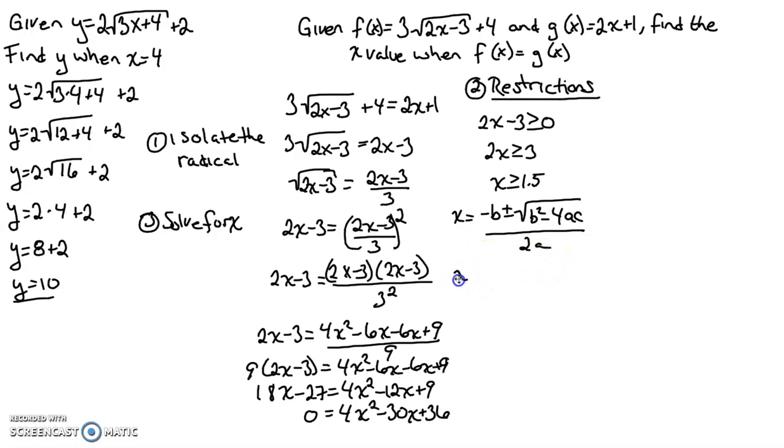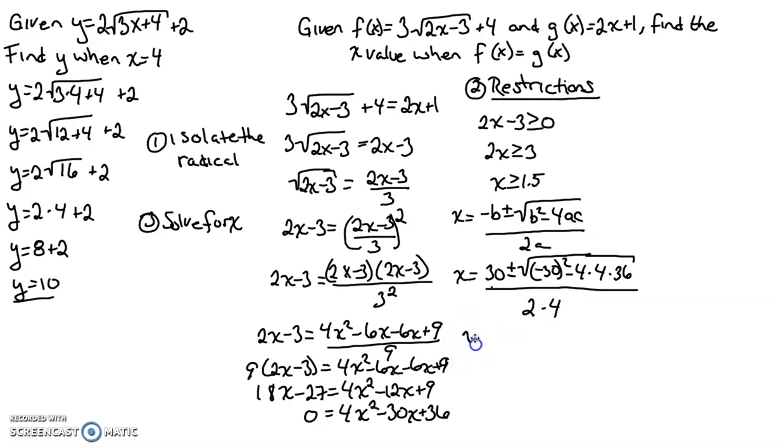So x equals negative b, which is a positive 30, plus or minus the square root of negative 30 squared minus 4 times a, which is 4, times c, which is 36, all divided by 2 times a, which is 4.